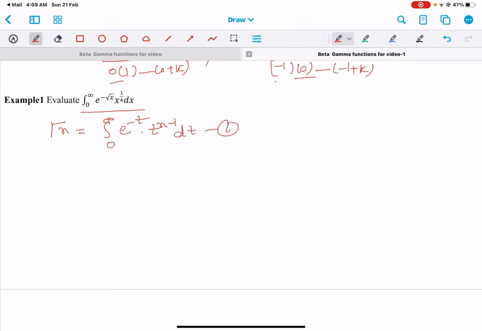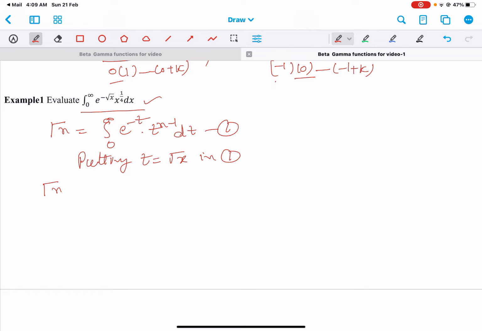So if you compare this expression with 1, you may well see that I need to put t equal to root x in 1.